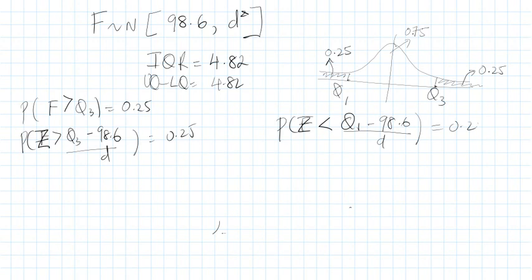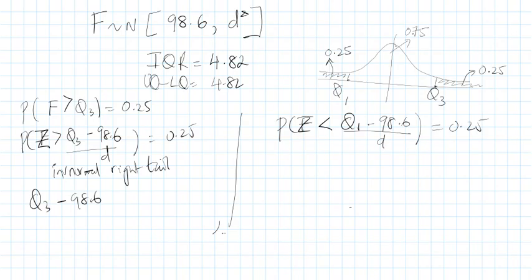I think that would be more ingrained if I just do more. So we would get these two different statements, and then it's similar to what we did previously. So this one will be an inverse normal, right tail, because we're doing greater than.